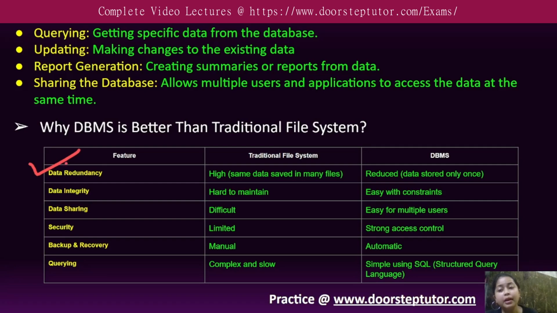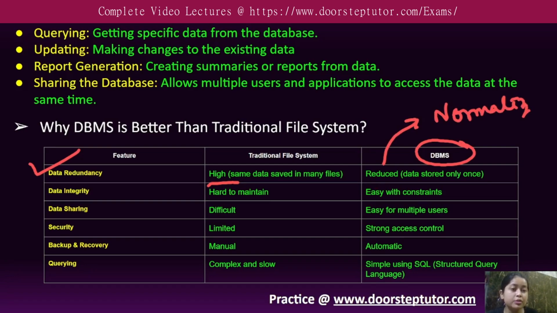So see here, there was high data redundancy in the traditional file system. How? Because you have to write the same data again and again, so data duplication occurs in the traditional file system, whereas in a database this is reduced with the help of normalization.